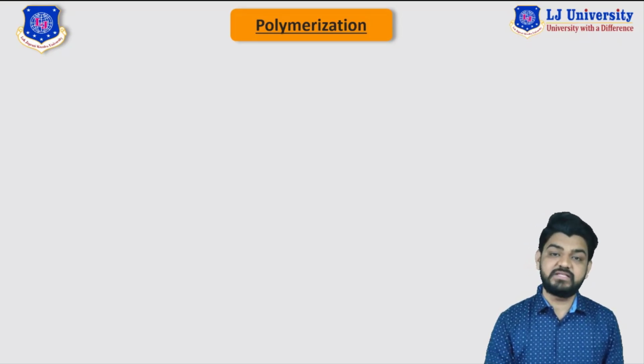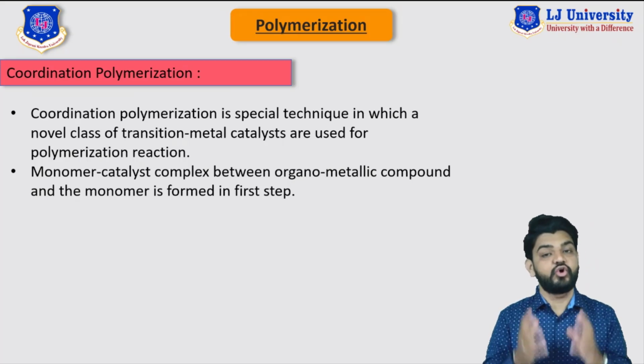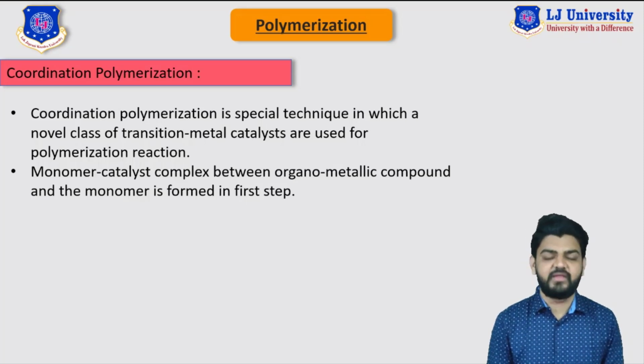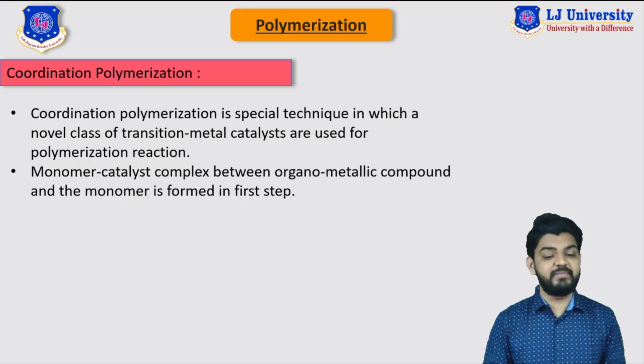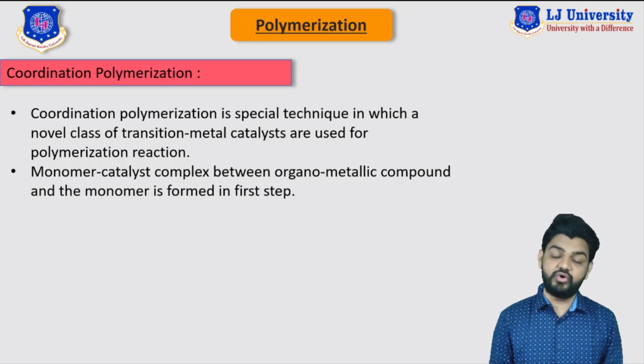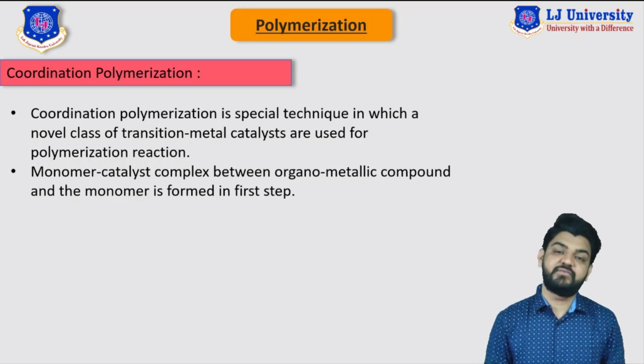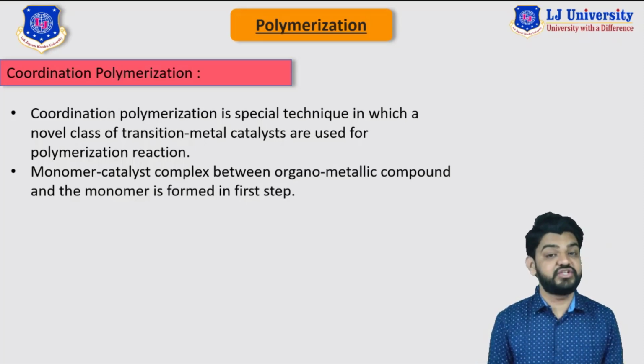But now in this video, we are going to discuss the third category, coordination polymerization. This is a special technique in which we use a novel class of transition metal catalysts for the polymerization process.